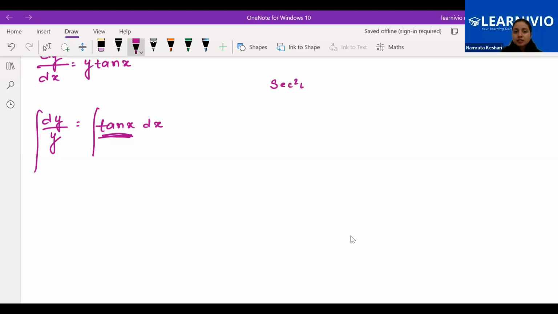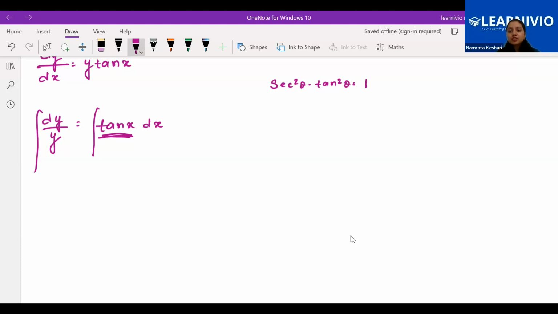Sec square theta minus tan square theta equals 1. Here we will not use this identity. Why? Because we don't have tan square. Do we have tan square? Okay, here we will not use this identity.